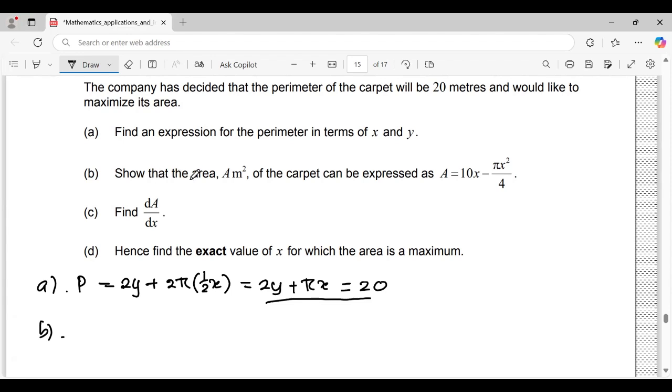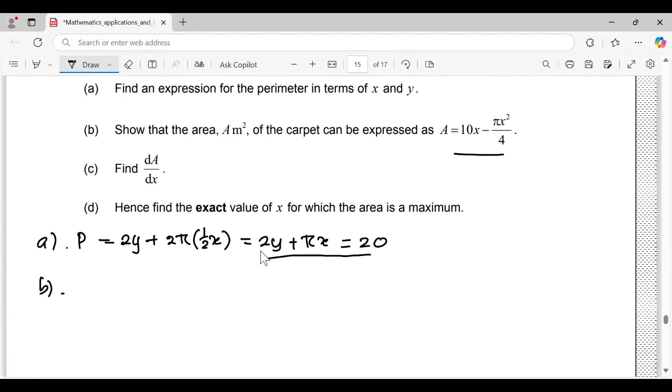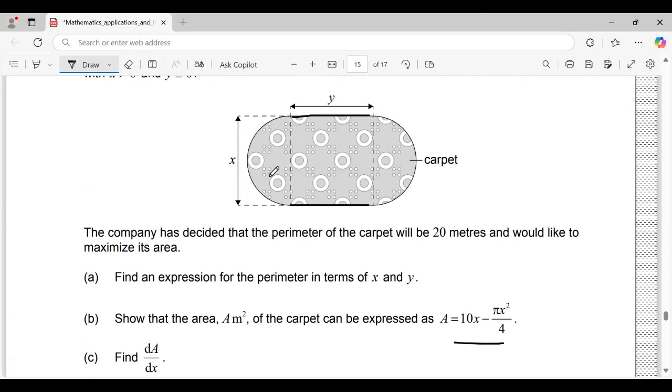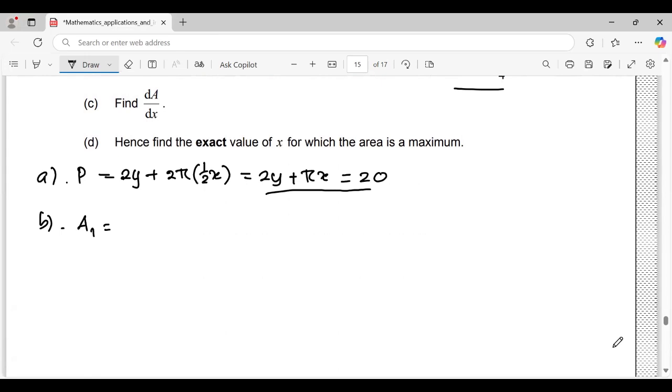B. Show that the area A meter squared of the carpet can be expressed as A equals 10x minus pi x squared over 4. We need to find the first area. The first area is this rectangle, y times x, so xy.